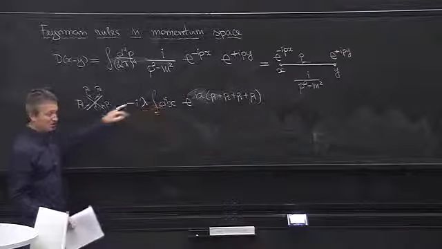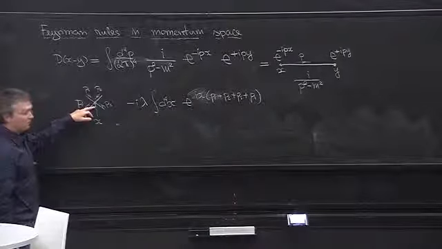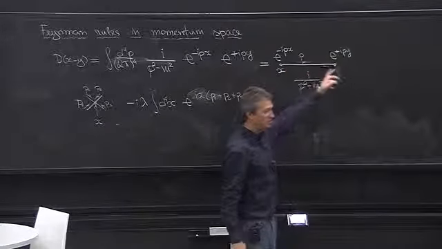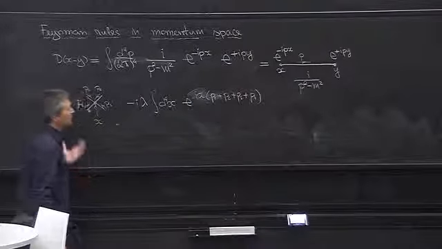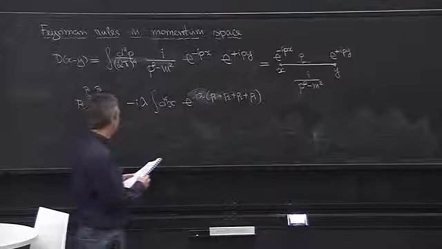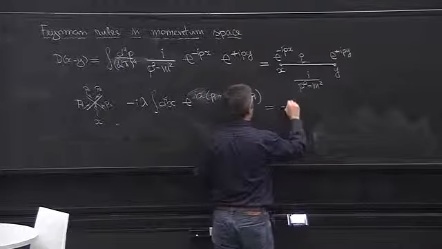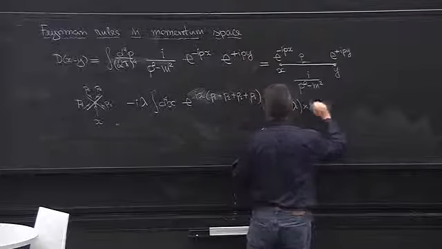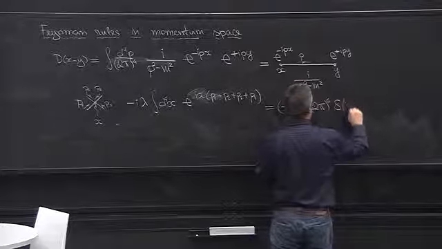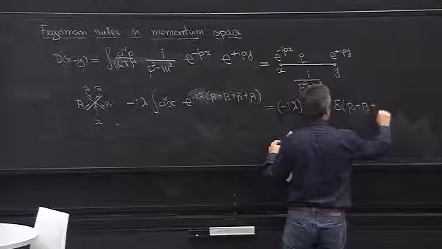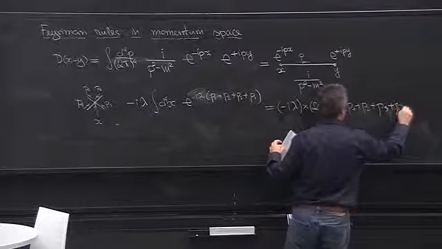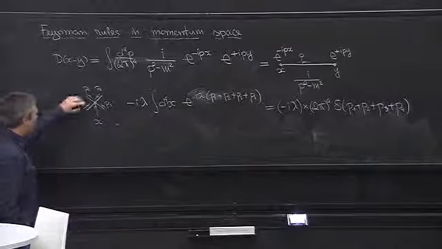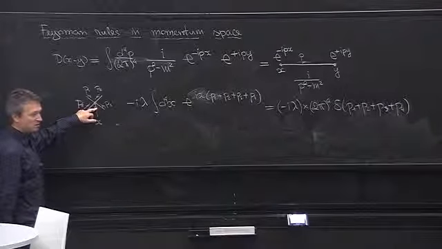Now x doesn't appear anywhere else in the diagram, because you see this way we disentangled the x dependence in the propagator. So this is the only place where x appears, so we just take this integral. This gives us minus i lambda times (2 pi)^4 and then delta of p1 plus p2 plus p3 plus p4. So this is just momentum conservation. The total momentum inflowing into this vertex should be 0.